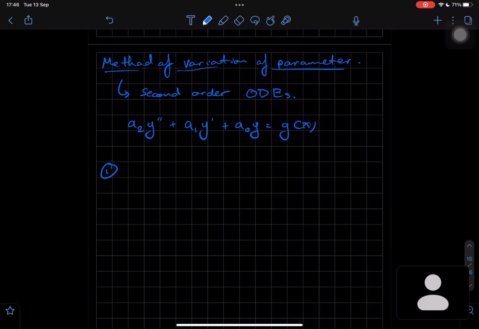Dividing by A2, the ODE will become A1 over A2 y prime, A0 over A2 y, g(x) over A2, like this.